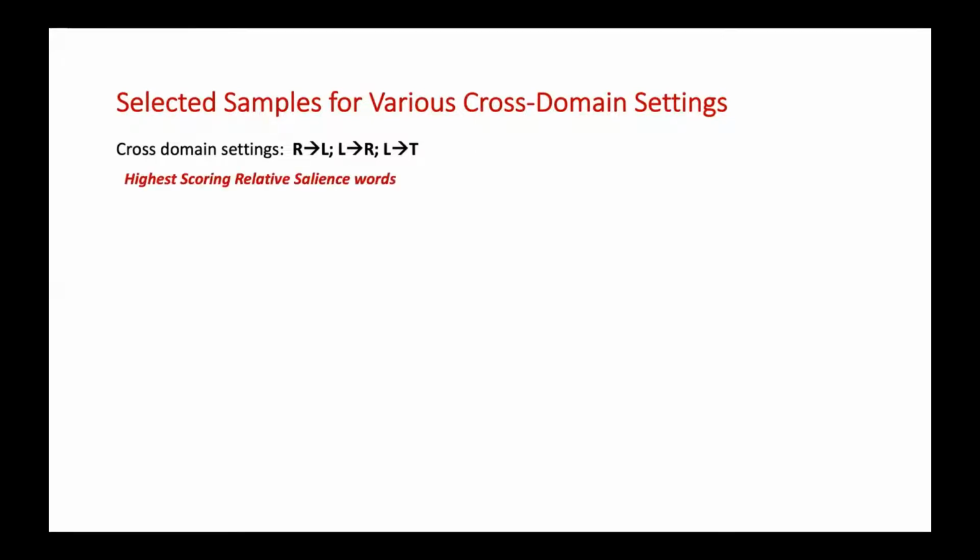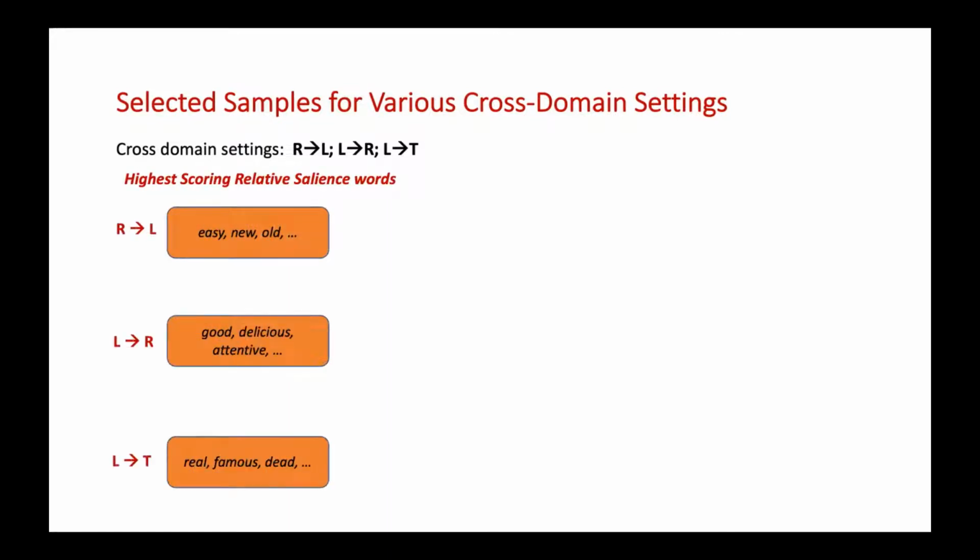Now let's take a look at some of the highest scoring relative salience words for each of these settings. So in the R2L case, you can see that a few of the higher scoring relative salience words were words such as easy, new, old, etc. For L2R, words such as delicious, attentive came up to be the highest scoring RS words.